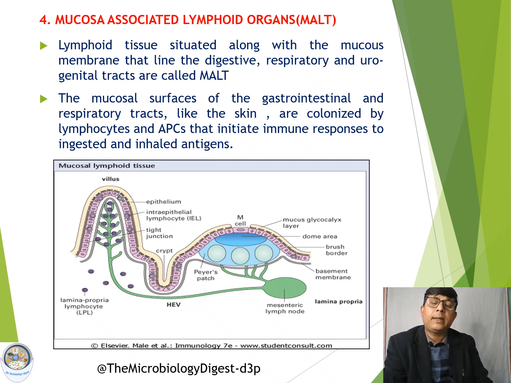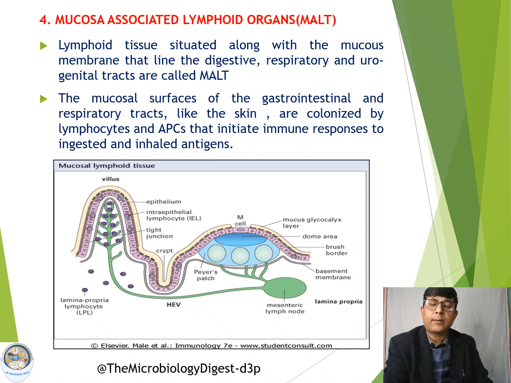Next, the secondary lymphoid organ is the mucosa-associated lymphoid tissue, MALT. These are groups of lymphoid tissues present in the mucosal lining. They can be found in the digestive tract, respiratory tract, as well as the urogenital tract.